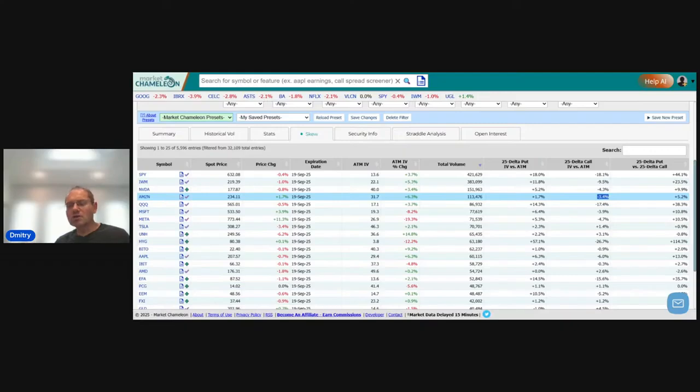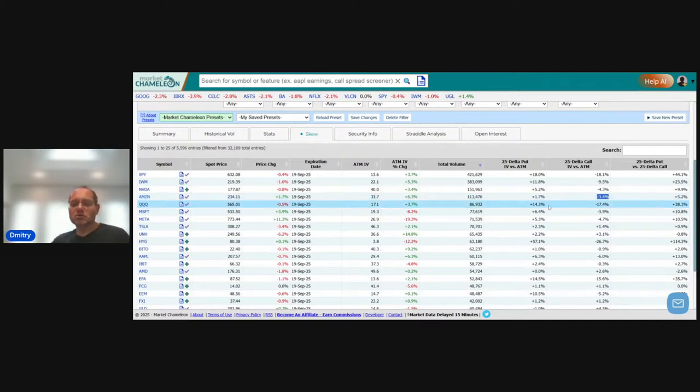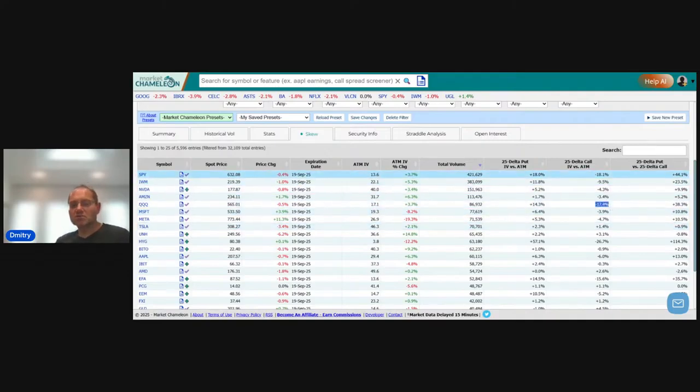There's still a skew, but much flatter than SPY, right? Like you're comparing 18% versus 1.7%. We could compare QQQ at a 14.3% skew versus 18% in SPY, and 17% down to the upside, which is similar to the SPY.